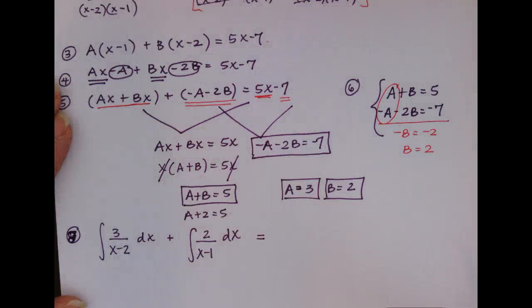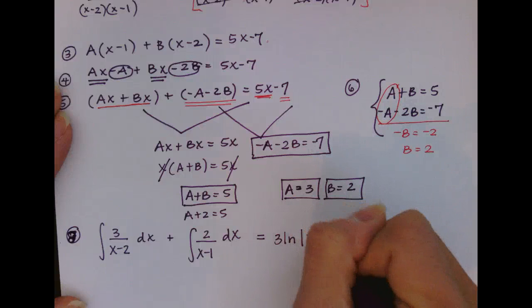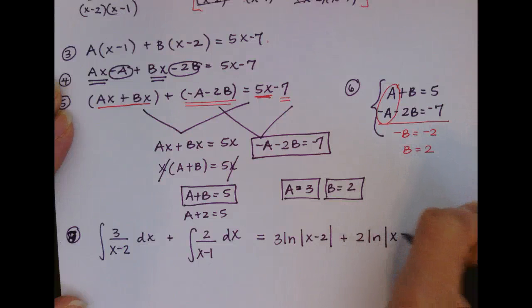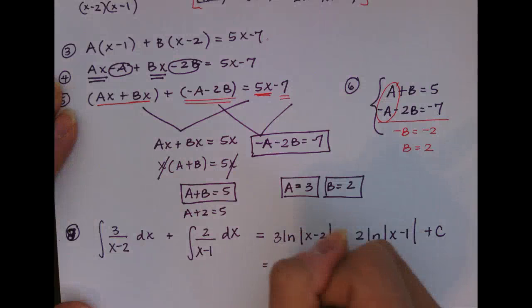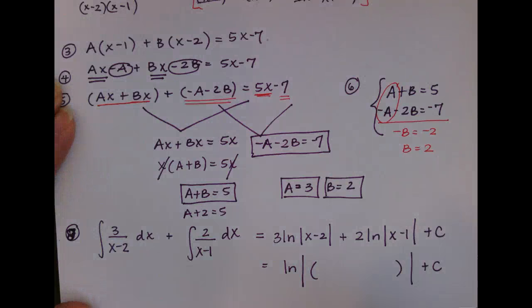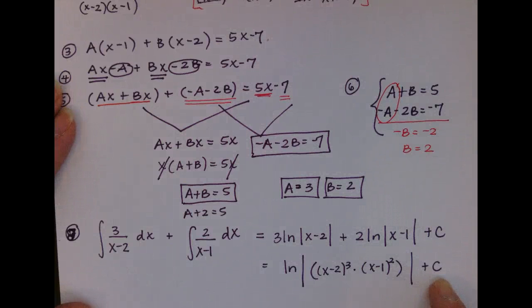And if I integrate each piece individually, I'm going to get 3 times the natural log of x minus 2 plus 2 times the natural log of x minus 1 plus C. And just like in the last example, I can combine these into x minus 2 to the 3rd power times x minus 1 squared, all inside of the natural log, and then plus C. So that should be my final answer here.